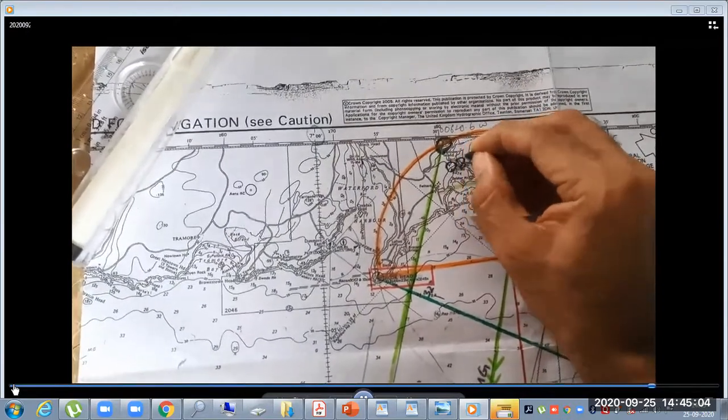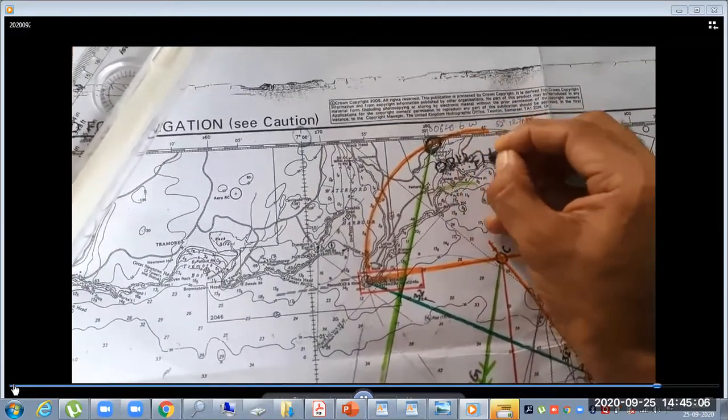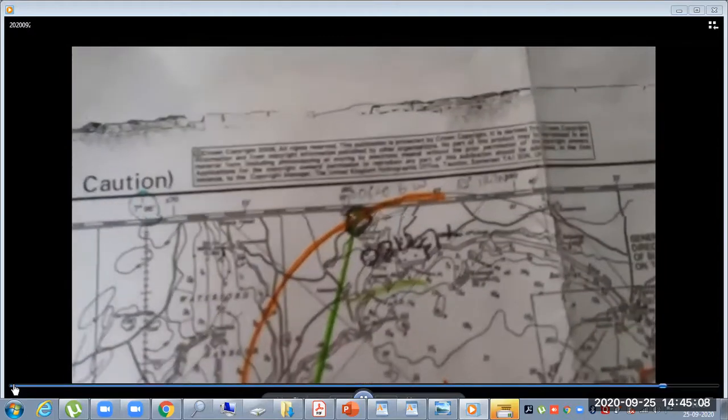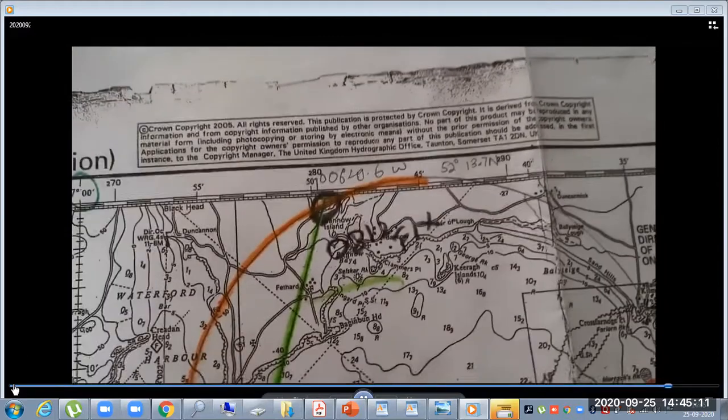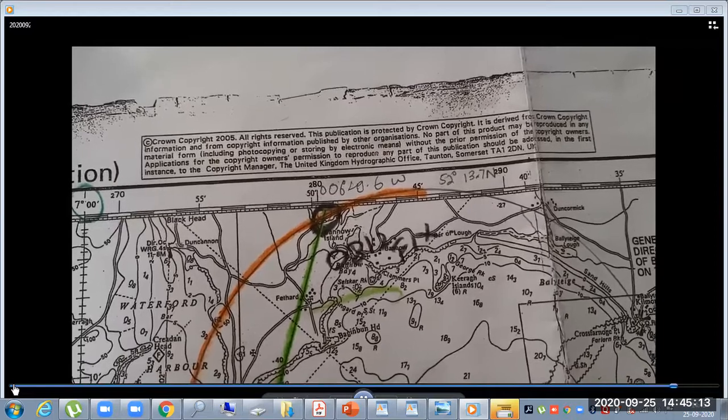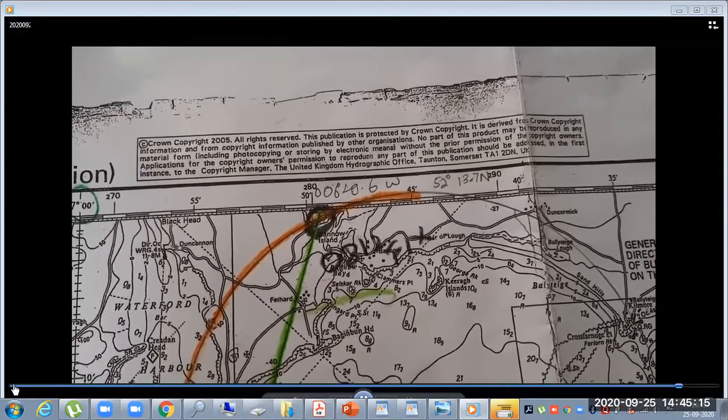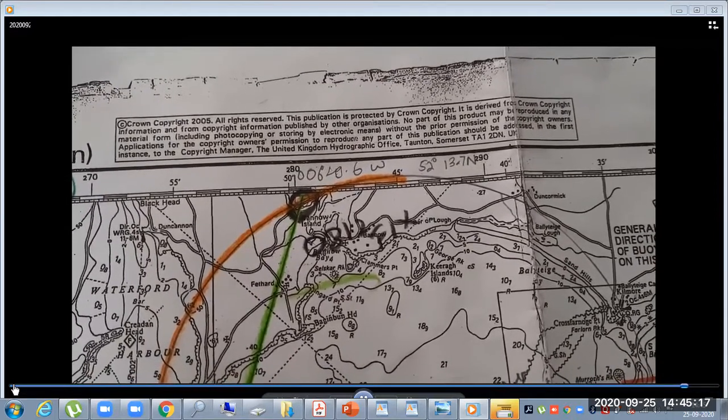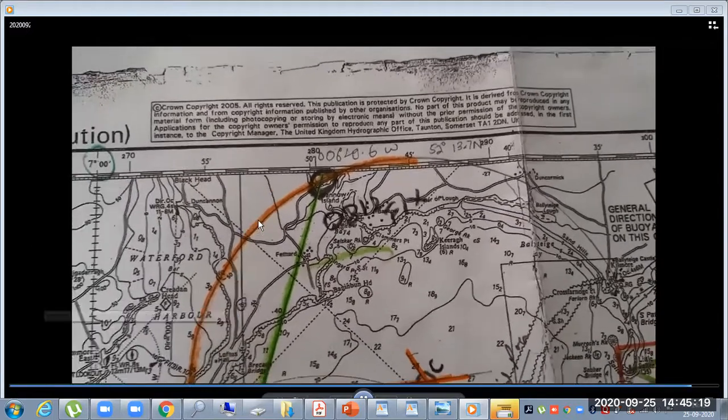This is our 0812 fix, and the position we can see is here: 006 degrees 49.6 west and 52 degrees 13.7 north.